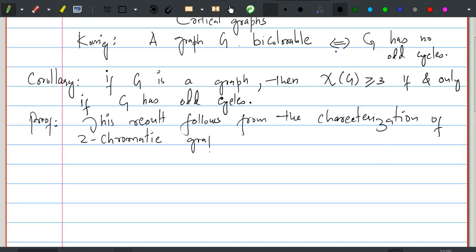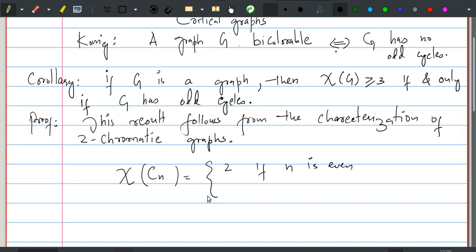So this is an easy exercise. Because we know that if Cn is a cycle of length n, then its chromatic number is 2 if n is even, and it is 3 if n is odd.